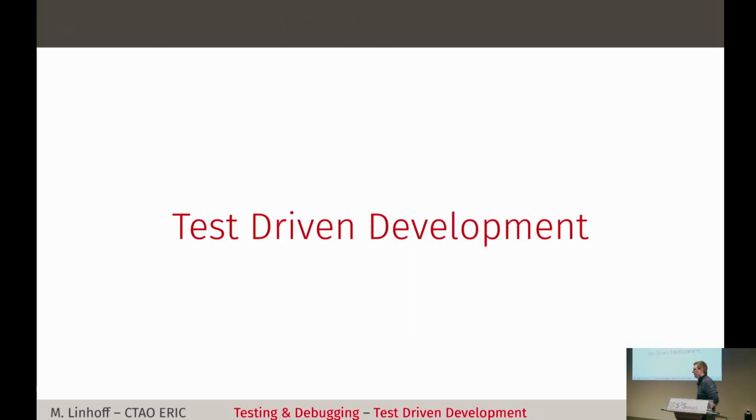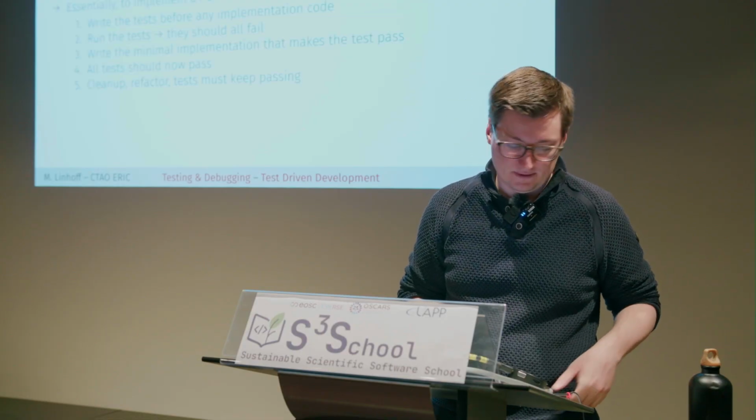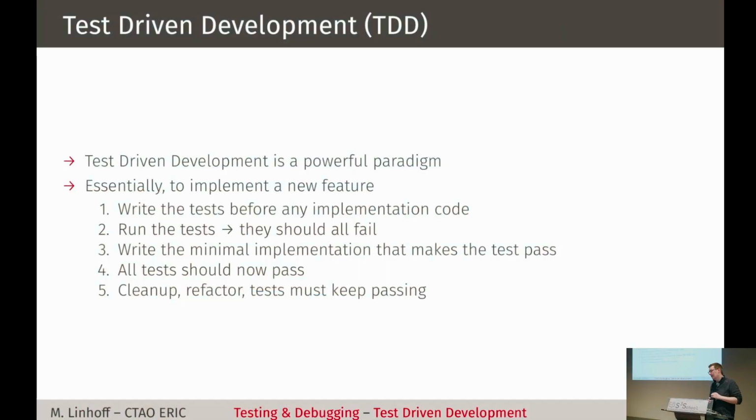And now that we have the basics of unit tests done, we can talk a bit about strategy, how you would start developing in a project that has unit tests or where you want to have unit tests. And one very popular paradigm is test-driven development, which means that you actually write tests first.